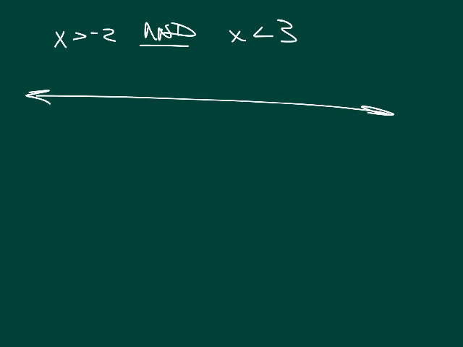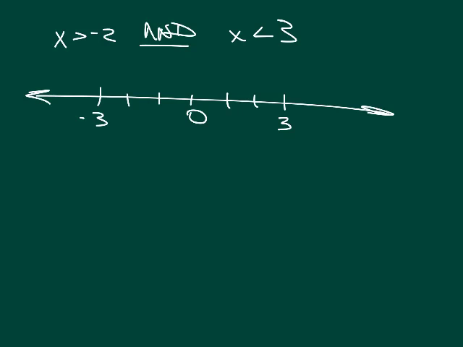Let's graph that and see what happens. So -3, +3. So if we were to graph x is greater than -2, what would that look like? Square or a parenthesis? Okay. Would it go this way or this way?